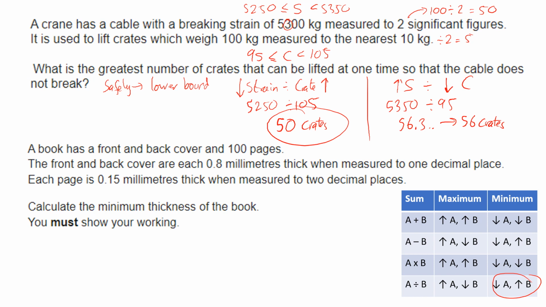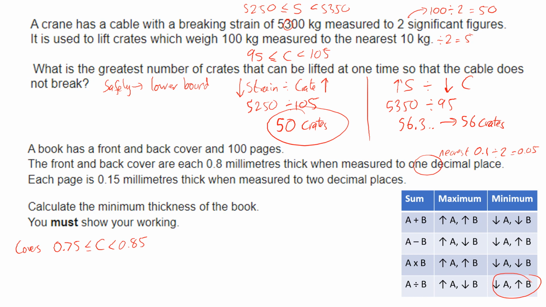Now for the last one, we've got a book and a front cover and 100 pages. The front and the back are 0.8 millimeters thick to 1 decimal place, so let's do them first. So the covers, rounded to 1 decimal place, that's to the nearest 0.1, so we're adding and subtracting 0.05 from our values. That means our covers, let's call that C, are between 0.75 and 0.85 millimeters thick.